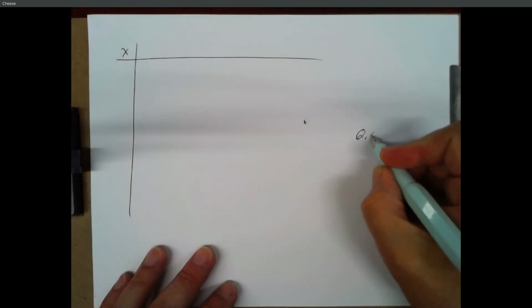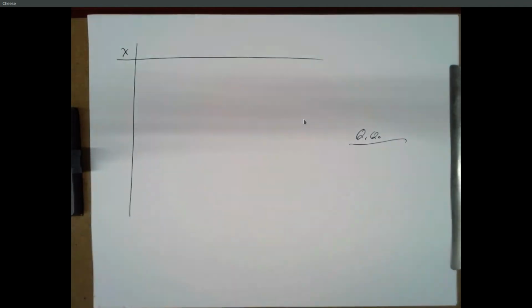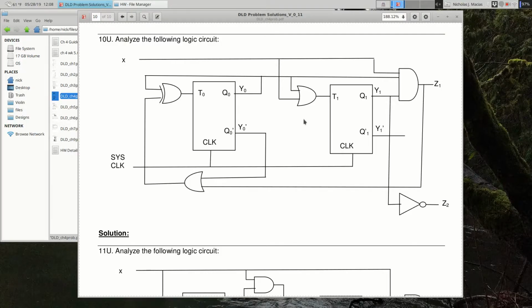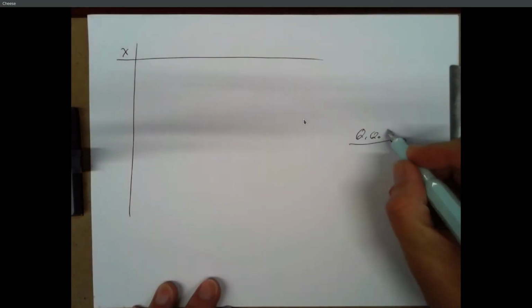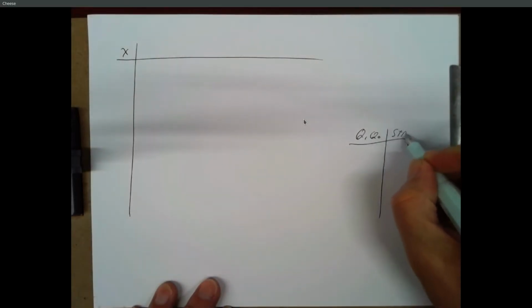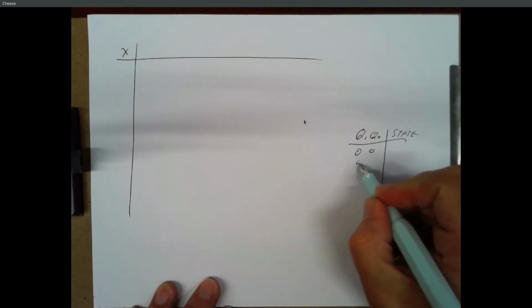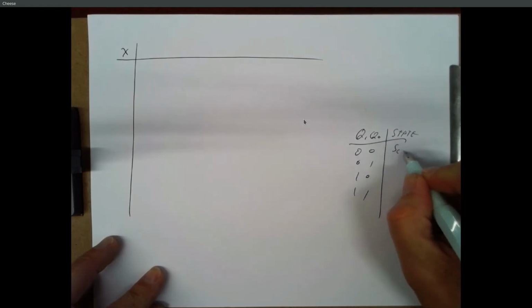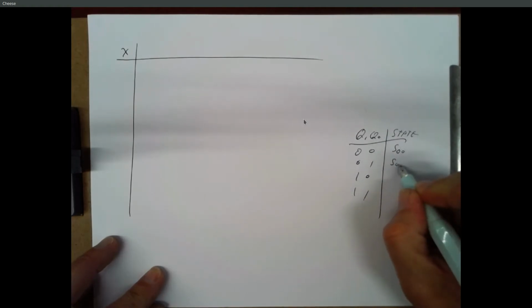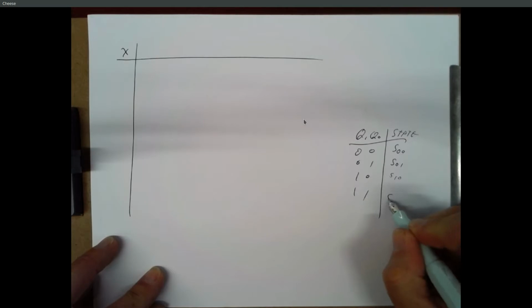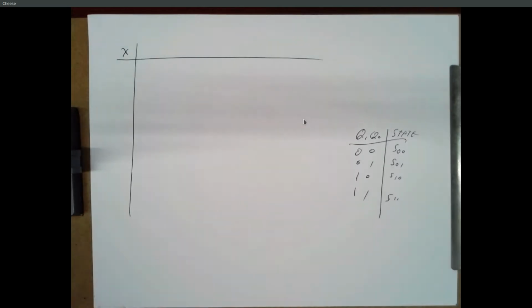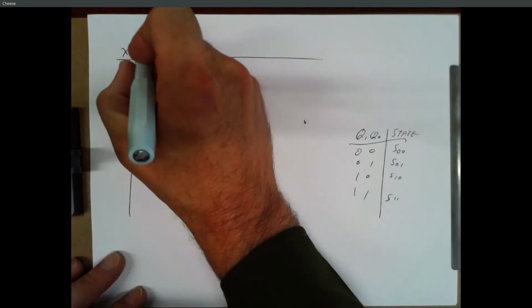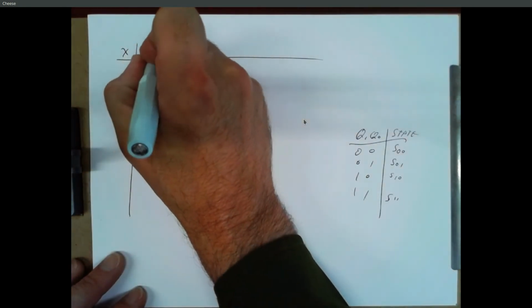So Q1, and you can work with Q or you can work with Y. I tend to work with Q's, but the Y's are the same as the Q's, so either way is fine. So I'm just going to name this S00, S01, S10, S11. And so I'm going to have present state.